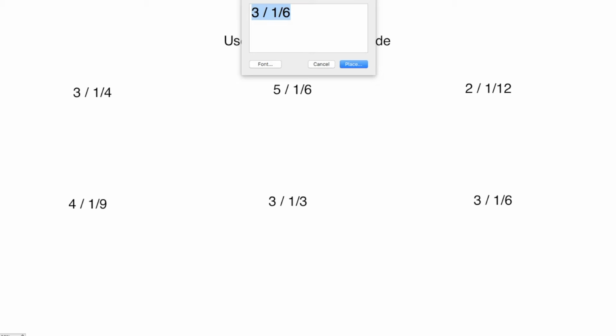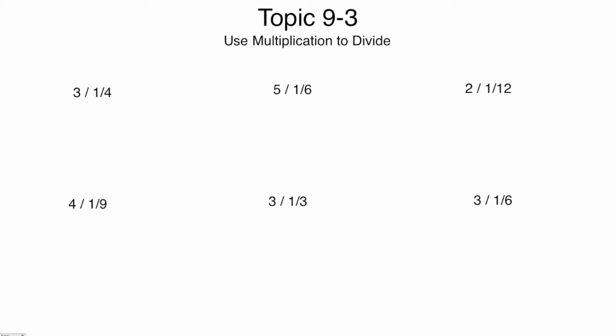All right, so we have 3 divided by 1/4. Now, just as there were 3 steps in dividing a decimal, there's 3 steps in dividing a fraction or a mixed number.